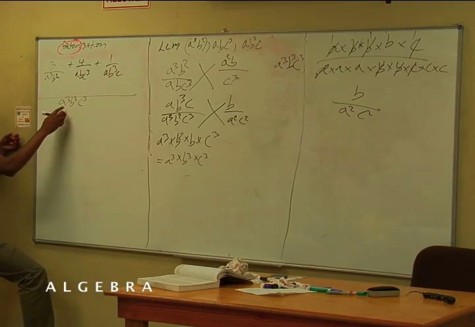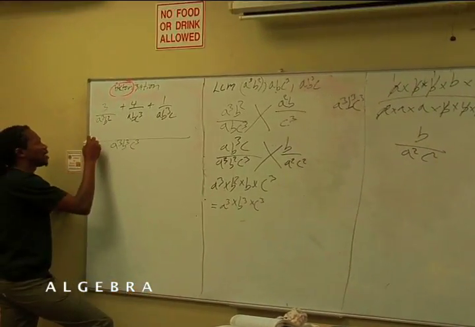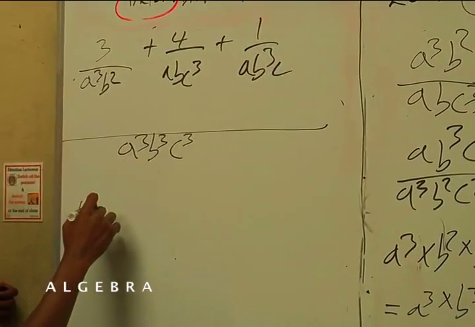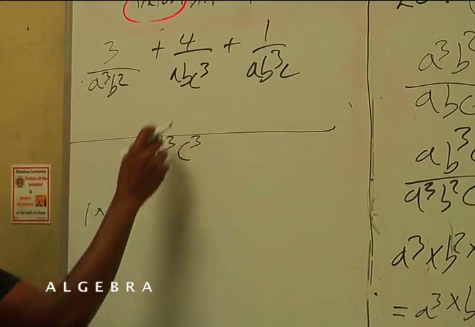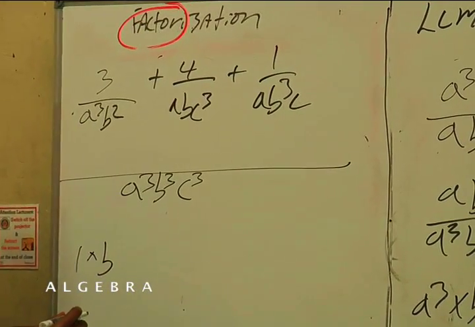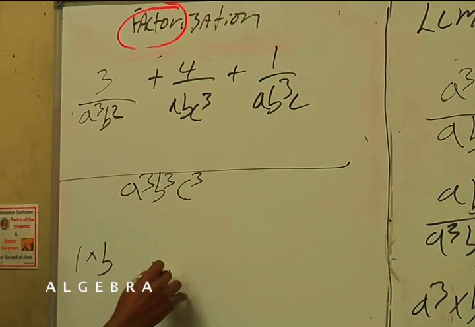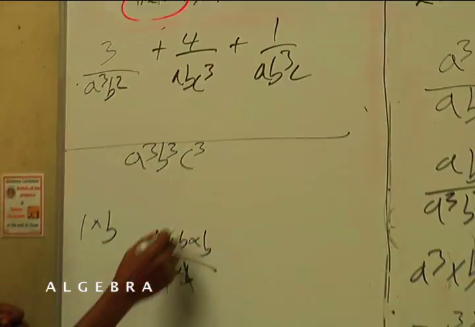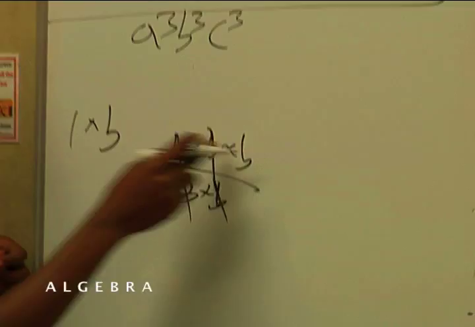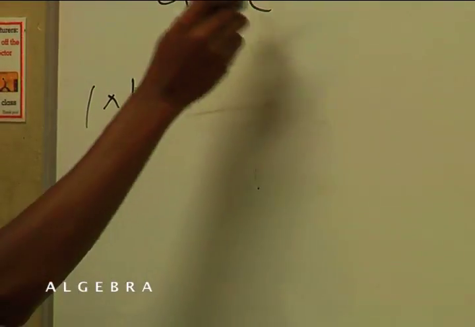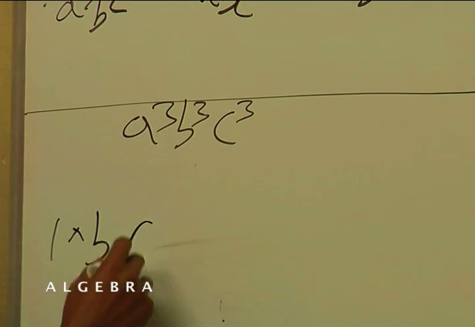Alright. So we are going to come, so A cube into A cube gives you 1. So that's a 1 right there. B into B cube gives you B square, and this into this gives you B. You see that? And B cube, B times B over B square, B times B, cancel, cancel, cancel, cancel, equals 1 times B. C, this nothing, C cube.